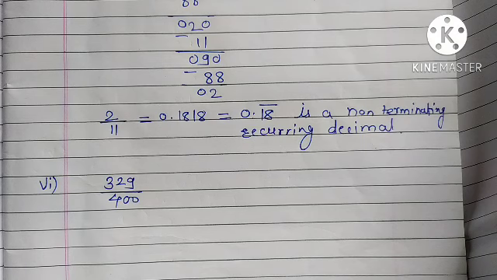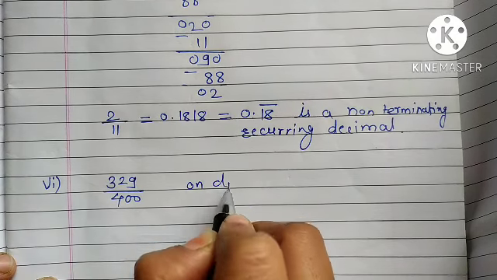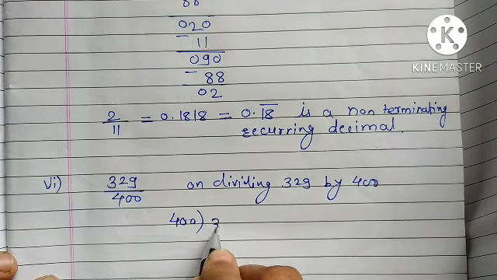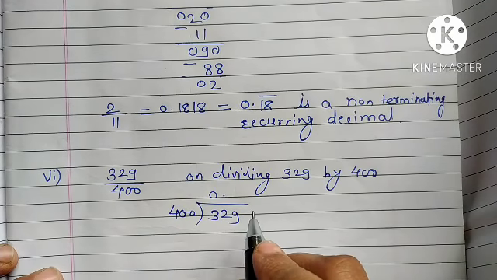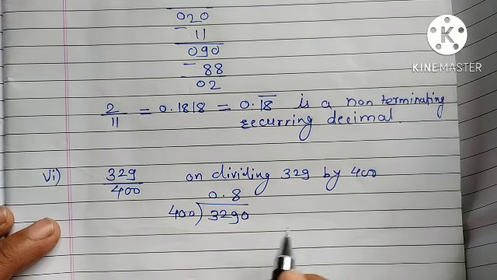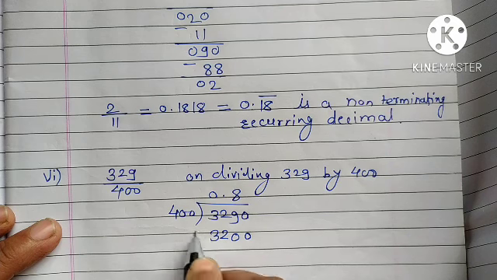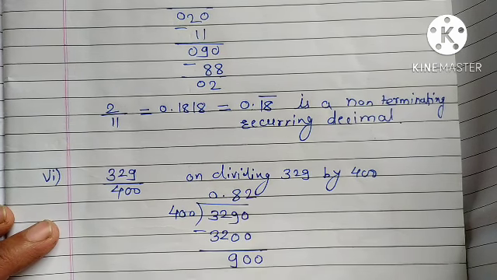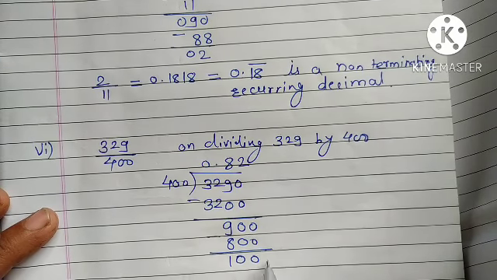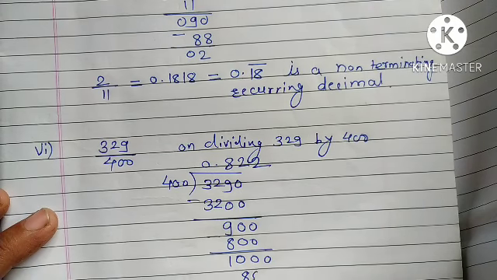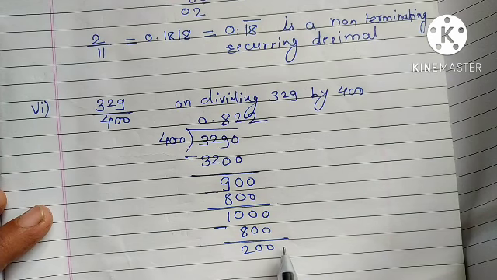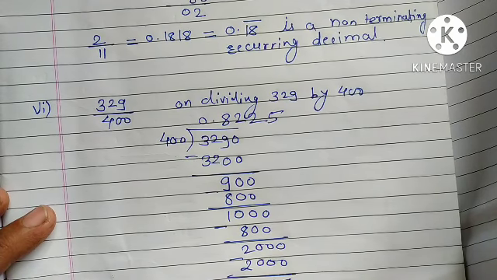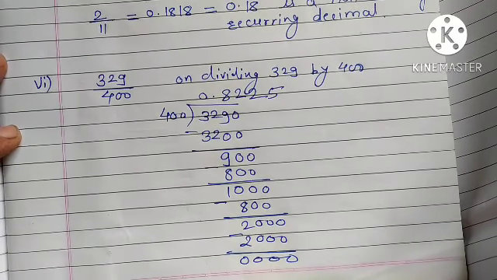Last example is 329 divided by 400. Now on dividing 329 by 400, the remainder keeps following with zeros added: 3290, 2900, 1000, 2000. Finally the remainder becomes 0, therefore this is a terminating decimal.